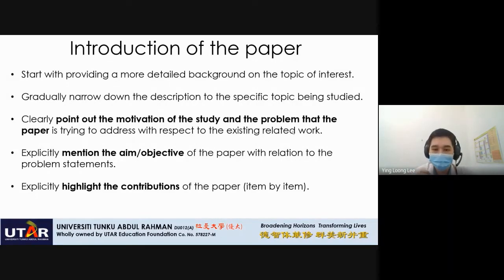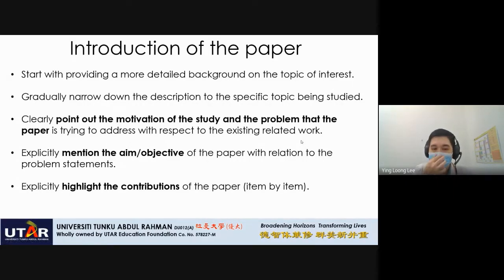So for your work, you have to point out the problem with respect to the existing work, and then find out the research gaps in the literature review, where this is the research gap that you want to solve in this paper.